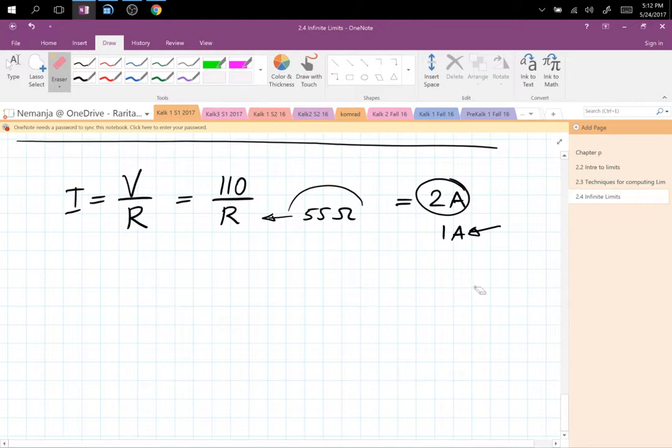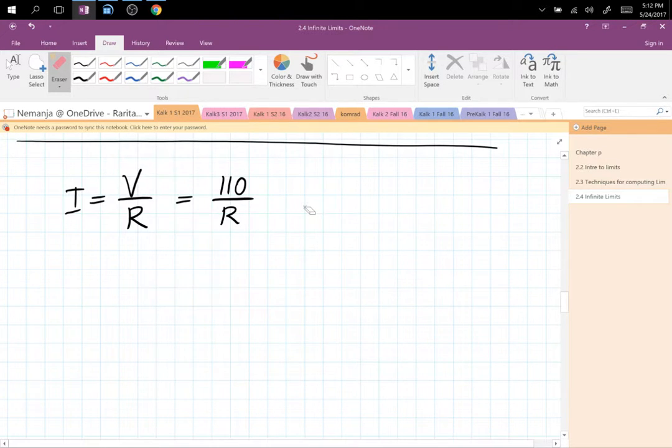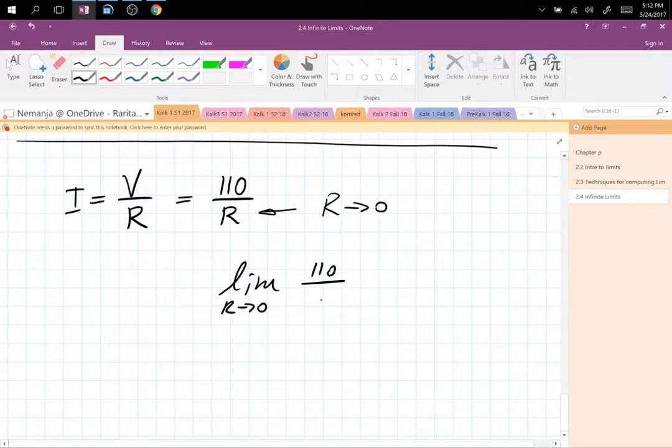So if you want to study electrical engineering, you can go and learn a lot of cool stuff. But the interesting part is that if you short circuit the two terminals in the outlet, this resistance goes to 0. So now you have a problem which says limit as R goes to 0 of 110 divided by R. Now resistance can only be a positive value, so technically the graph looks like this.